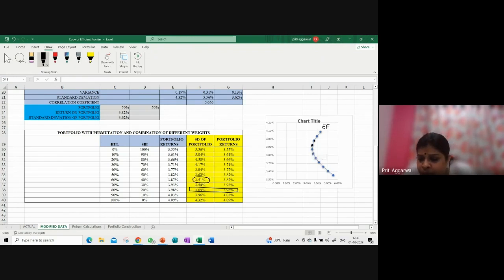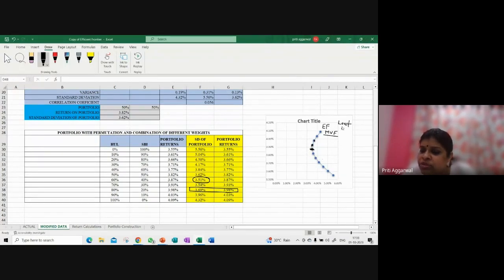So 3.51 is over here. This particular portfolio is on the efficient frontier. This is the minimum variance frontier, where all the portfolios have the least risk, as I showed you earlier in the diagram.